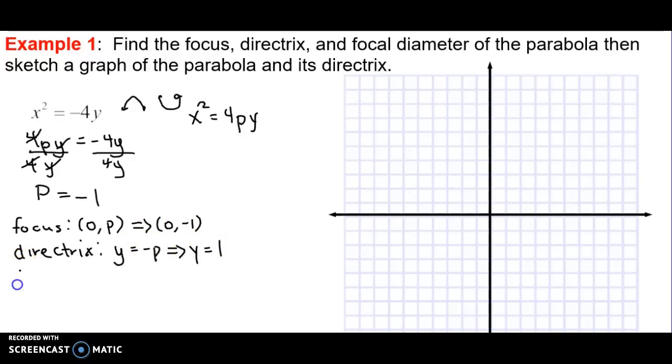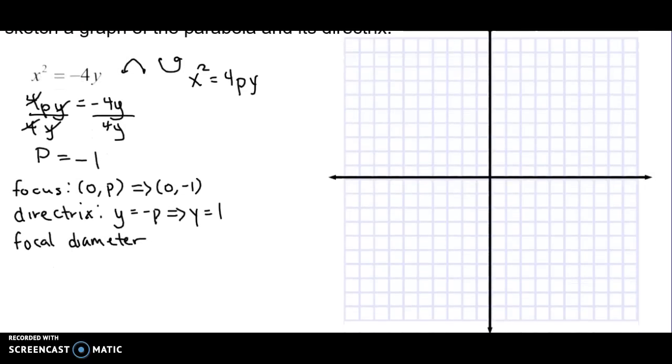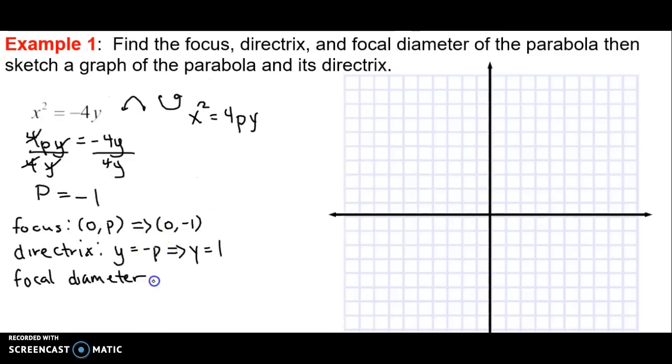And the last part I want to look at is how do I find my focal diameter? This is really just trying to figure out how much I have to count out from my vertex to figure out how far this graph will actually go.